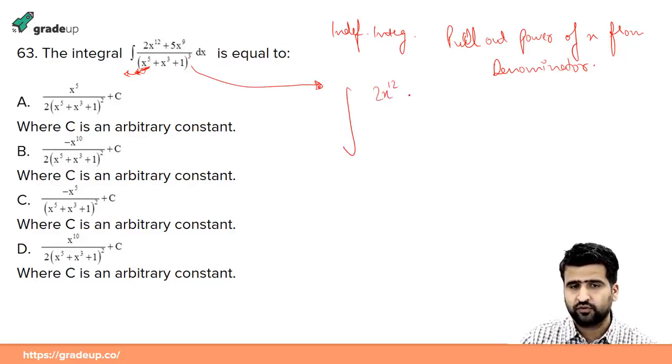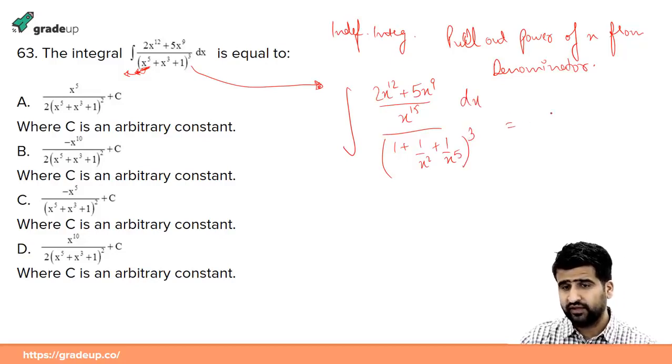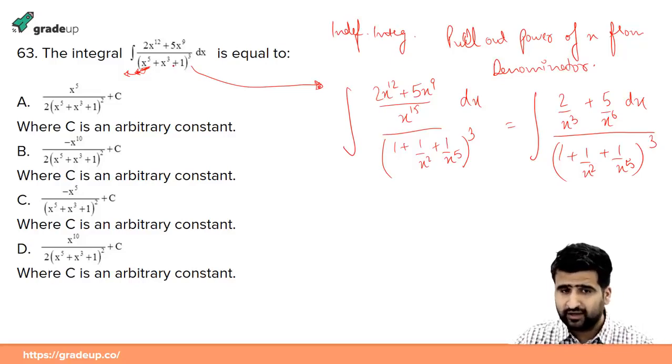So it becomes (2x^12 + 5x^9) upon x^15 (1 + 1/x^2 + 1/x^5)^3, which is actually (2/x^3 + 5/x^6) dx upon (1 + 1/x^2 + 1/x^5)^3. So what I did here is I took out x to the power 15 and divided the numerator by this power.